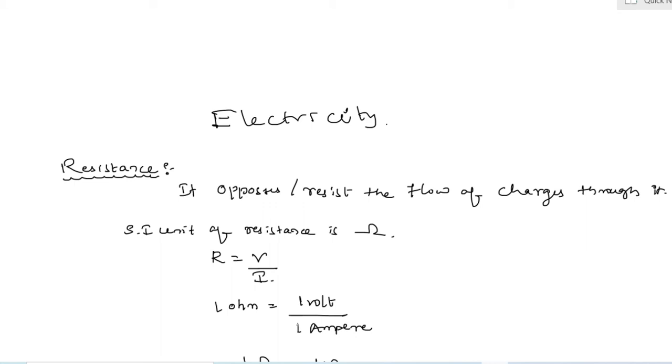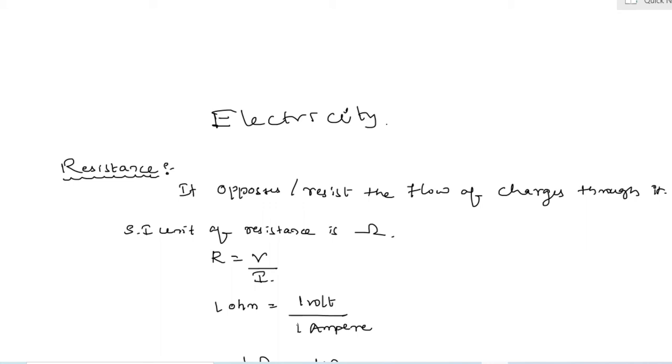According to Ohm's law, the electric current flowing through a conductor is directly proportional to the potential difference applied across its ends, provided the temperature remains constant. It means V is directly proportional to I, and V is equal to I into R. Here R is the constant of proportionality, the resistance of the conductor at a given temperature.